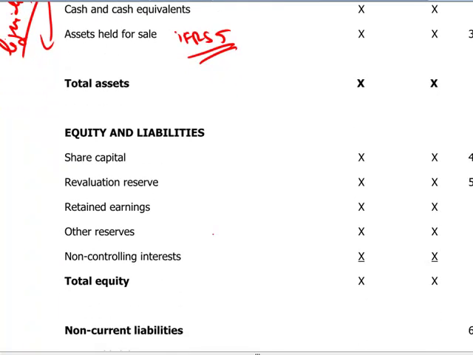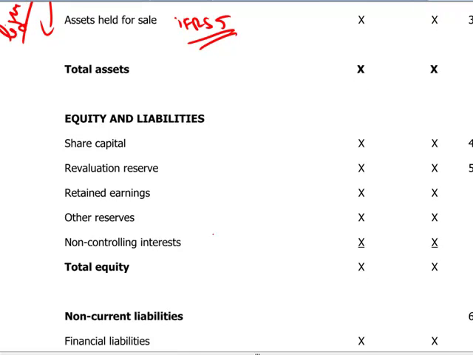Then we present the other half of the statement of financial position, which deals with only equity and liabilities. In here we will have the share capital, items like revaluation reserves, retained earnings, any other type of reserve that you might find in the business, and non-controlling interest if you are in a group scenario.